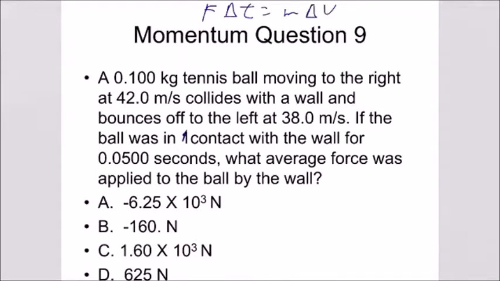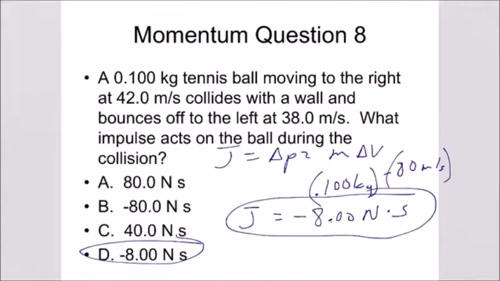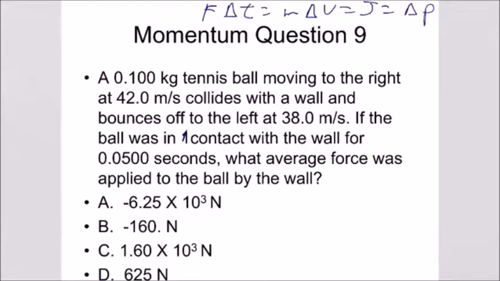And remember that m delta v is equal to J. It's also equal to delta p. In the previous problem, we found that the impulse was negative 8 newton seconds. So we could say that negative 8 newton seconds impulse is equal to F delta t.